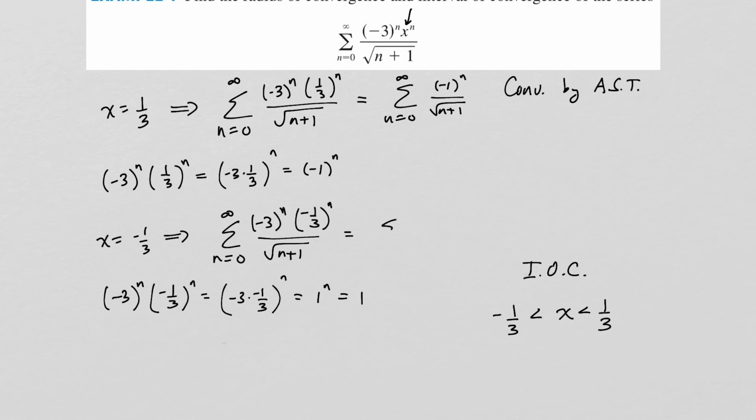And so this is equal to the sum n equals 0 to infinity of 1 divided by the square root of n plus 1. And this series diverges, and it diverges by the p series where p is equal to 1/2, which is less than or equal to 1.